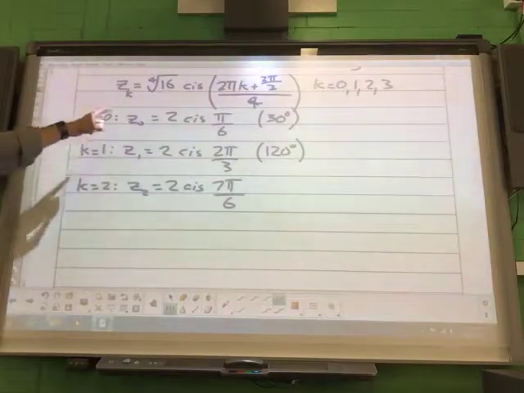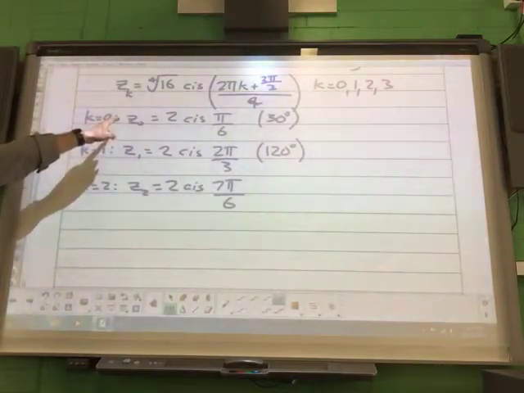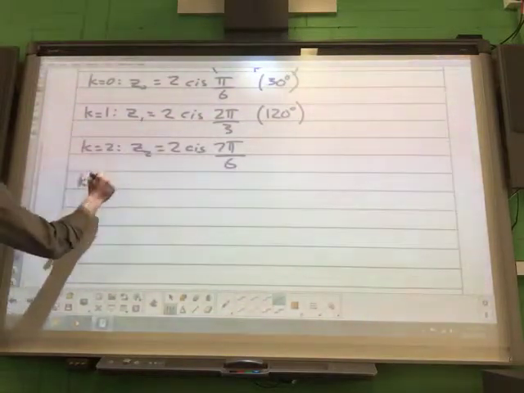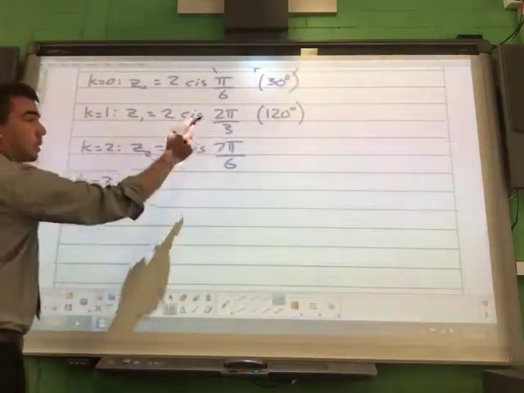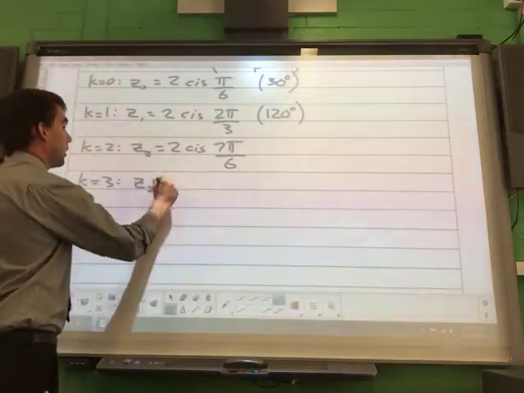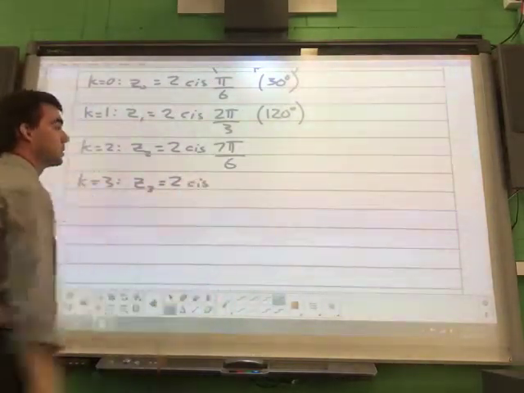So all you really need to do is work out your first solution and then rotate, working out the separation of the angles between each of those, as opposed to doing this. For K3, I know it's going to be 210 plus the 90, so I'm going to have 300 degrees. So Z3 is going to be 2 cis.